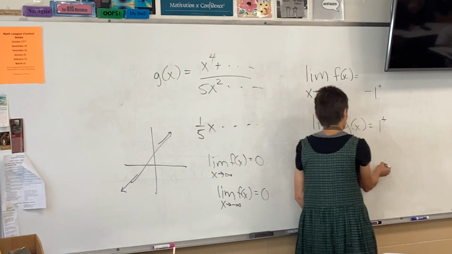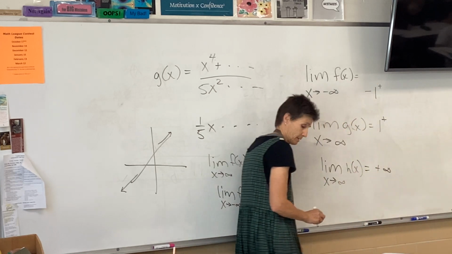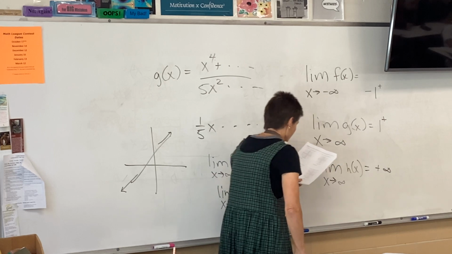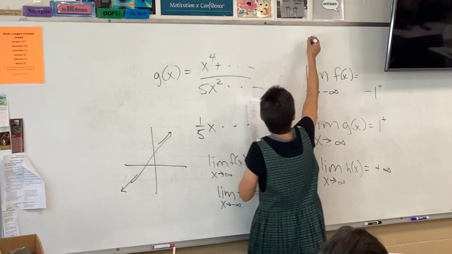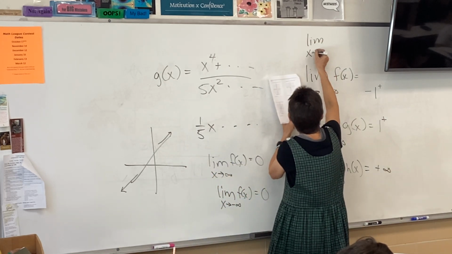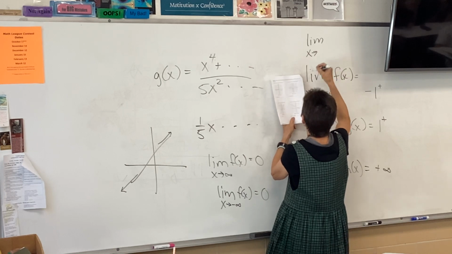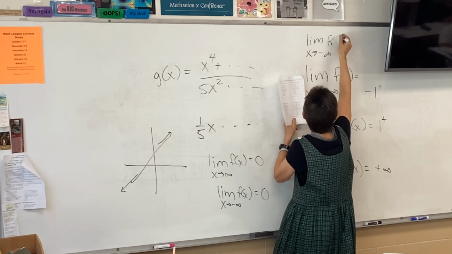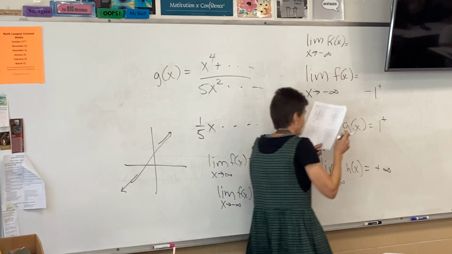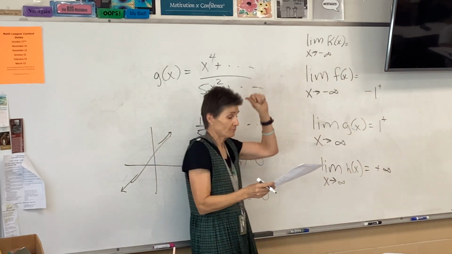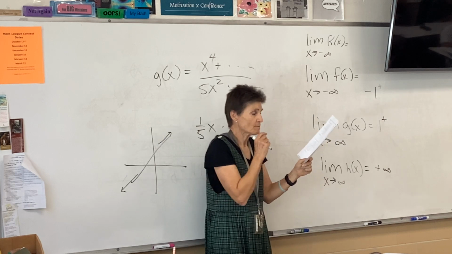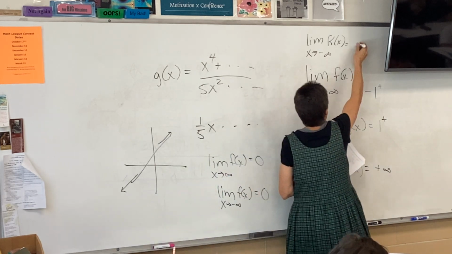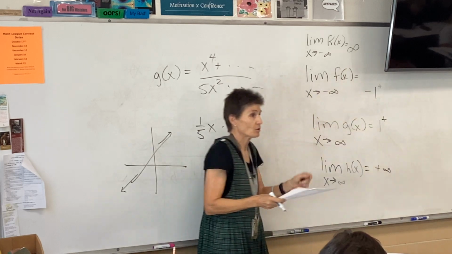Up. Yep. And finally, the last one on this page, we are heading toward decreasing, so negative infinity. So we're going left. Where's my curve going? Up. So that's another positive infinity, because the curve's going up.